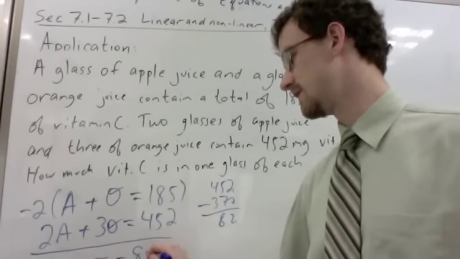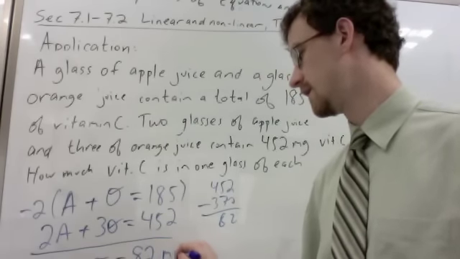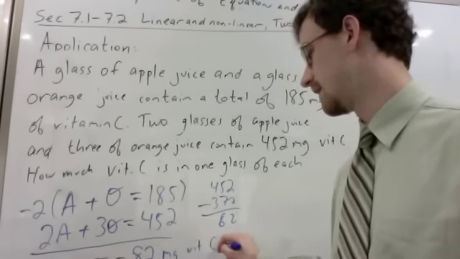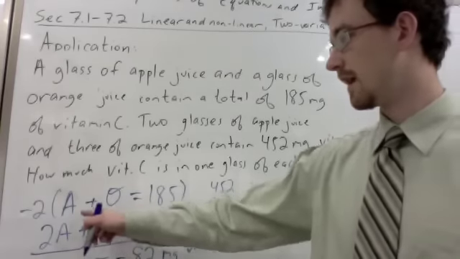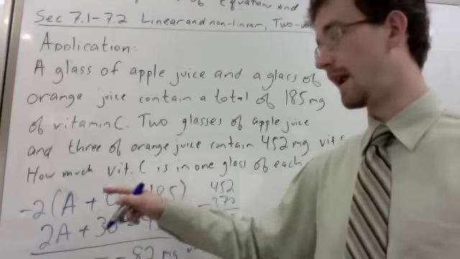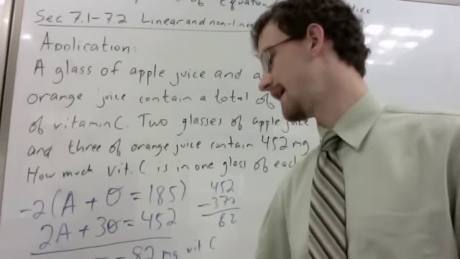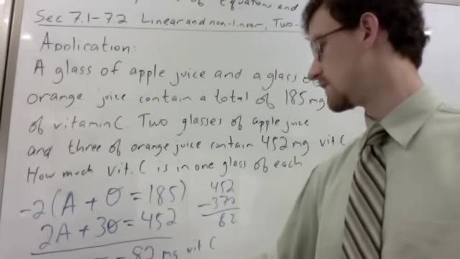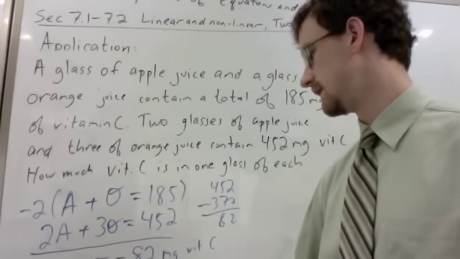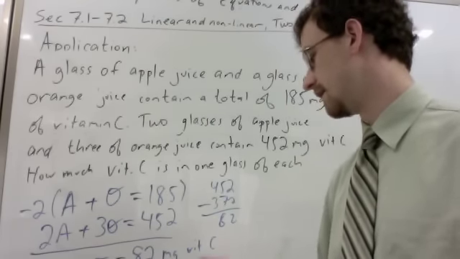So a glass of orange juice contains 82 milligrams of vitamin C. And then simply by subtracting from 185, we can find that a glass of apple juice contains 103 milligrams of vitamin C.